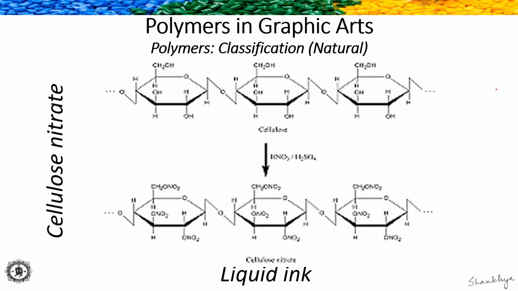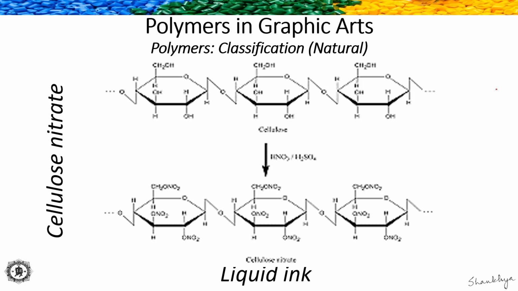Next we have cellulose nitrate. Cellulose in itself is not soluble in water or in acids or bases, but it may be made reactive under certain circumstances, where it reacts with nitric acid, sulfuric acid and so on to create cellulose nitrate. Cellulose nitrate is not referred to as nitrate in industry. It is referred to as nitrocellulose.